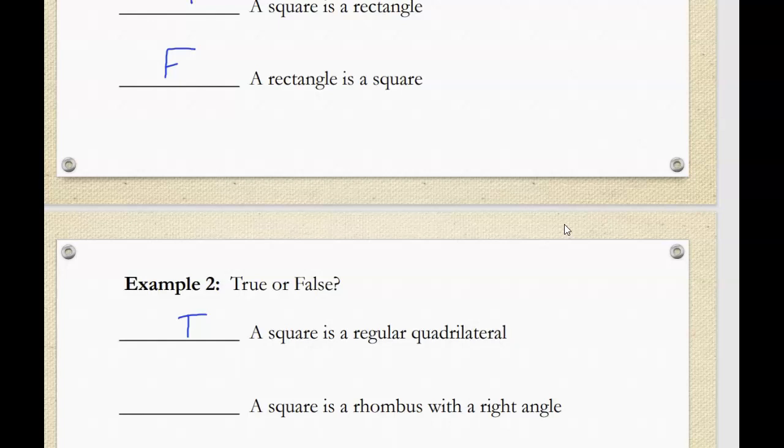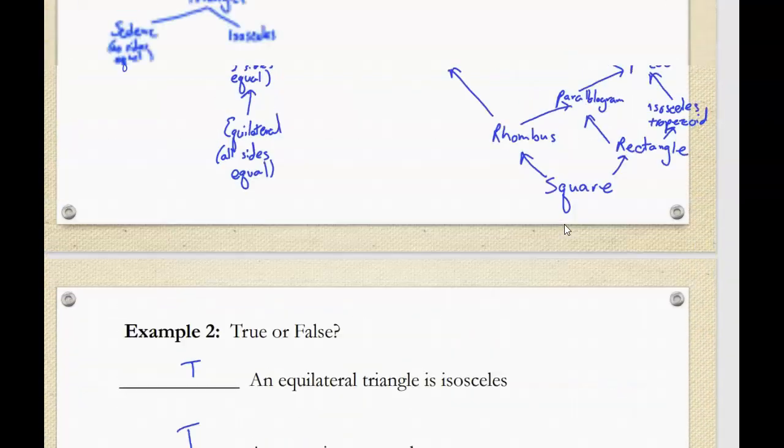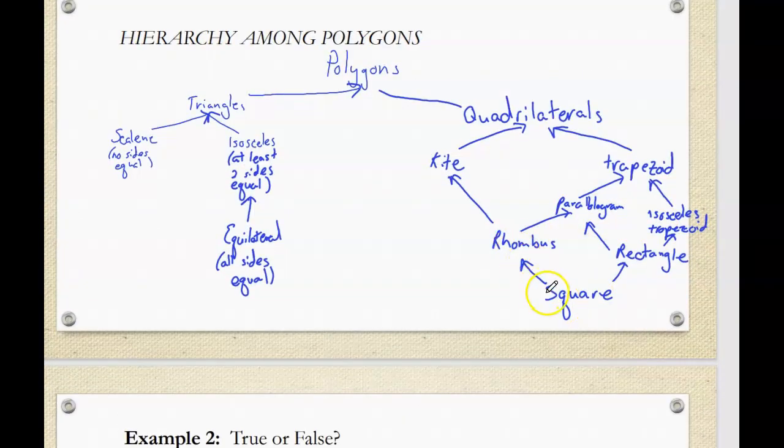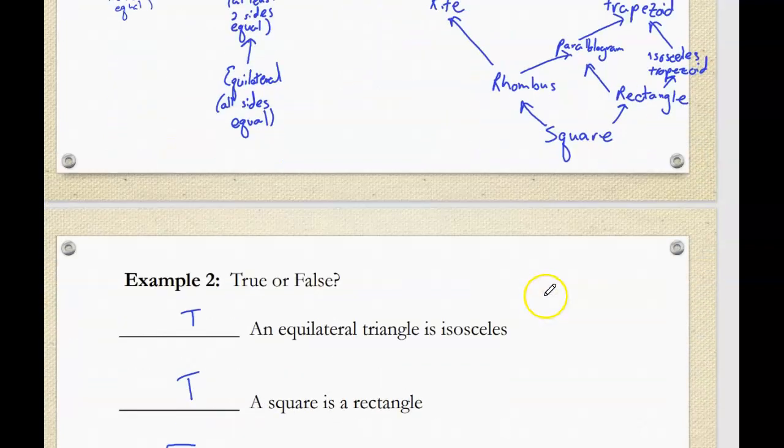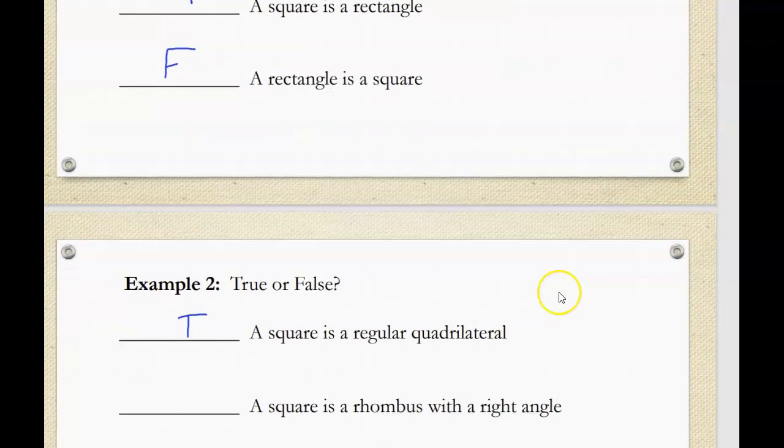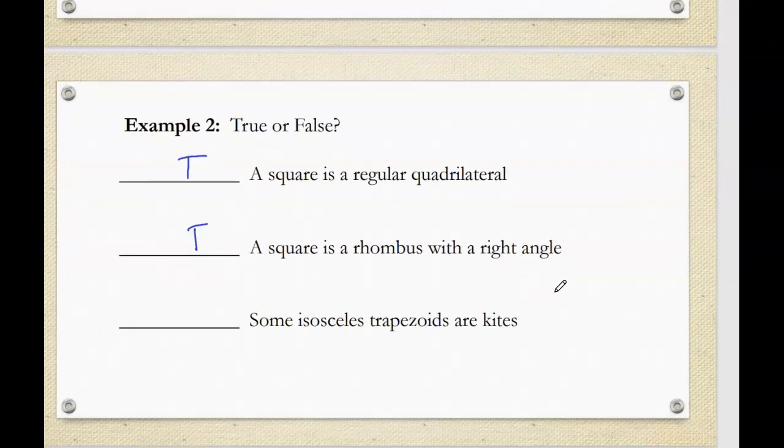A square is a rhombus with a right angle. Is a square underneath the rhombus? Yes. Does a square have a right angle? Yes. So that's true. Some isosceles trapezoids are kites.